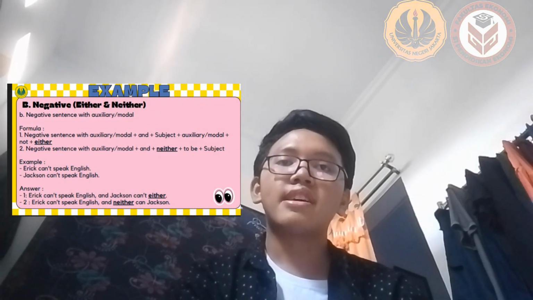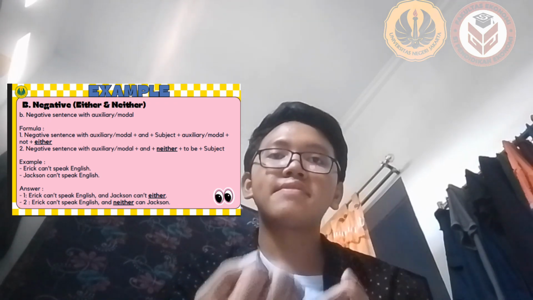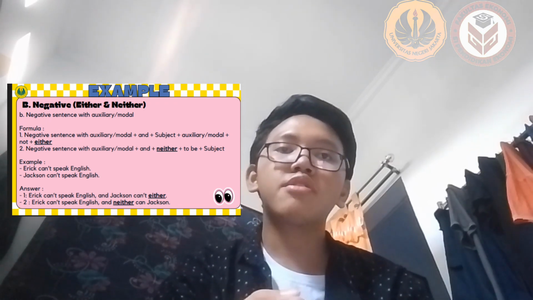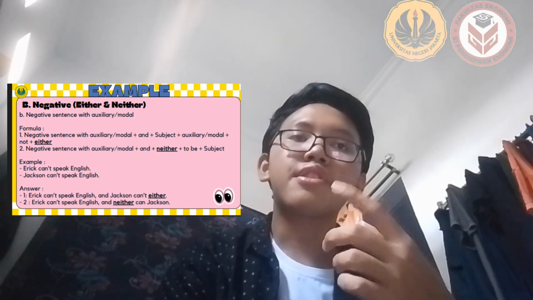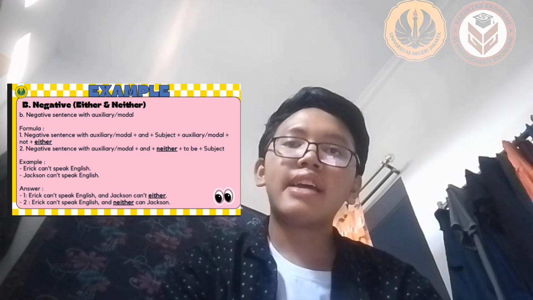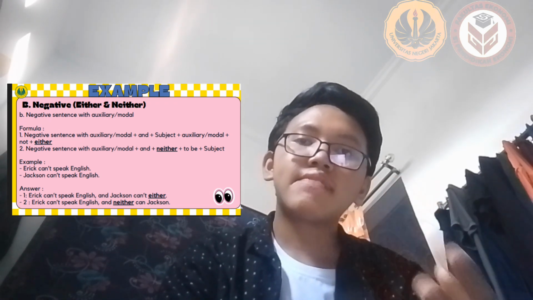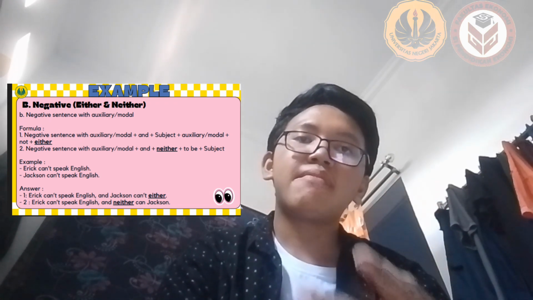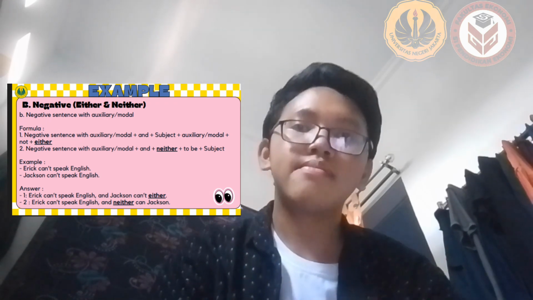Negative sentence with auxiliary or modal. The formula is: negative sentence with auxiliary or modal and subject, auxiliary or modal, not, plus either. Second one, negative sentence with auxiliary and modal and neither, auxiliary, subject.